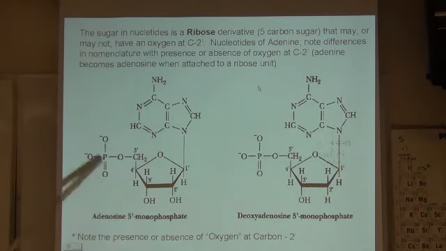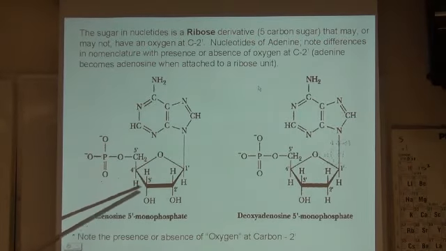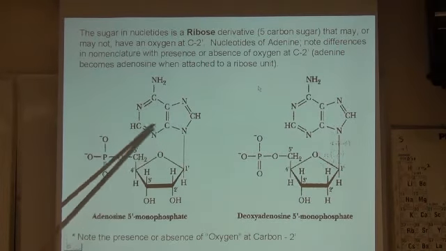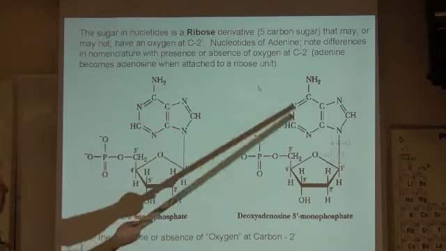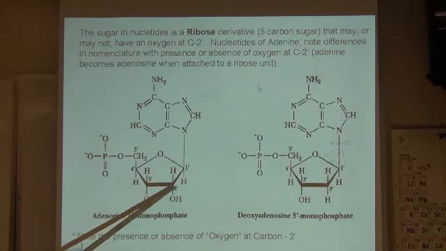This is a nucleotide. This is adenine. Adenine, when it's attached, actually becomes adenosine. So there are subtle little differences in the name that allow you to determine what its current configuration is. Notice here, these two nucleotides are virtually identical, except for carbon number 2 of the ribose ring.